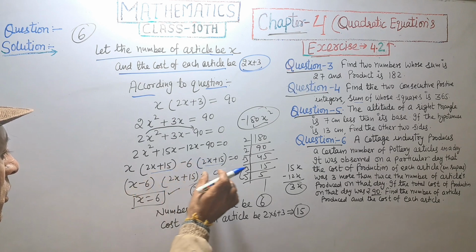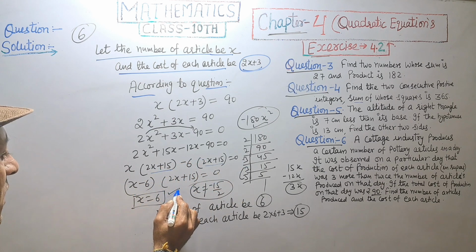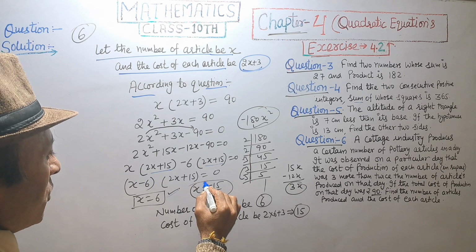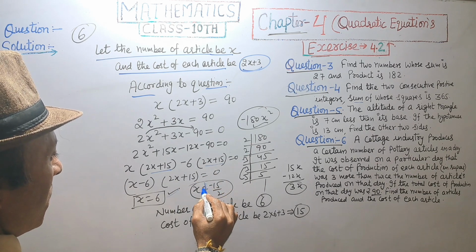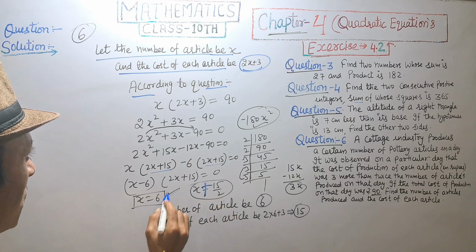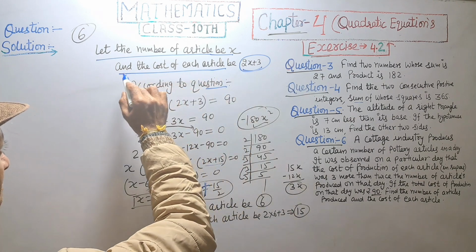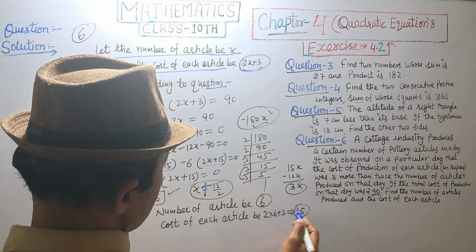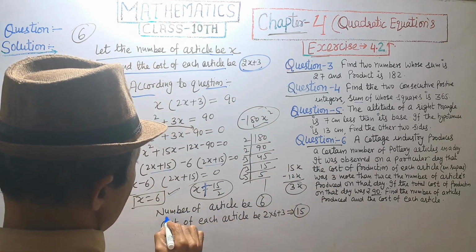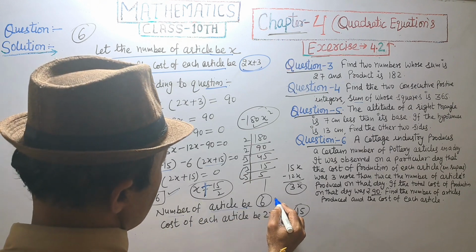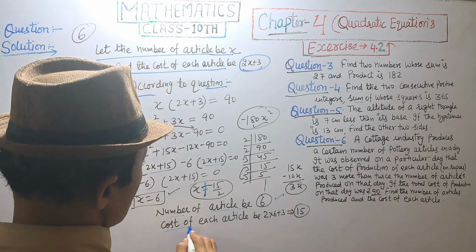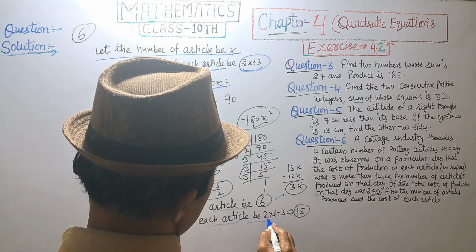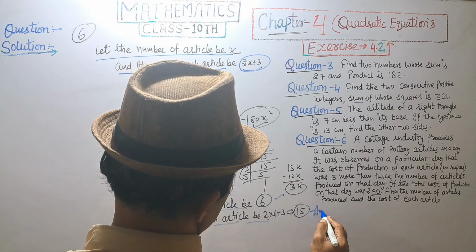X minus 6 equal to 0 means x is equal to 6, and 2x plus 15 equal to 0 means x equal to negative 15 upon 2. But x equal to 6, put in the cost of each article: 6 2s are 12 plus 3, 15. The number of articles is 6, and the cost of each article is 2 into 6, 12 plus 3, 15. Answer.